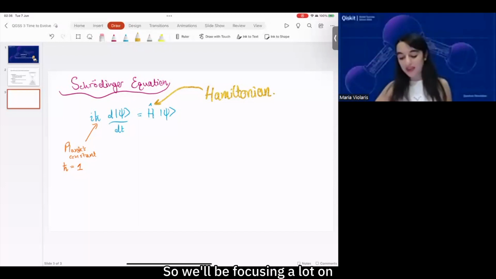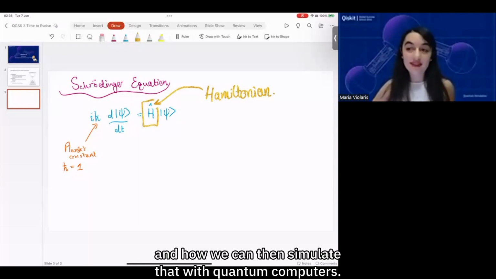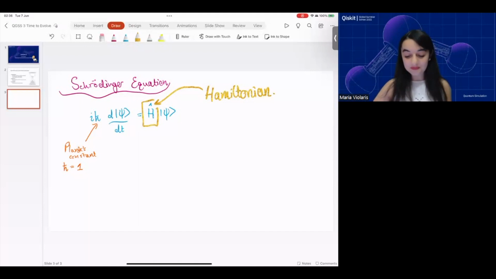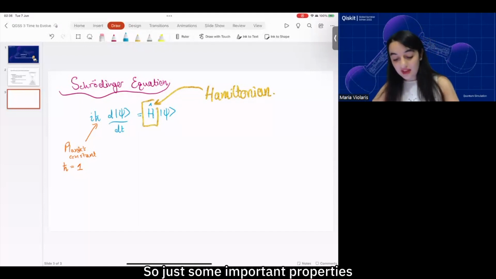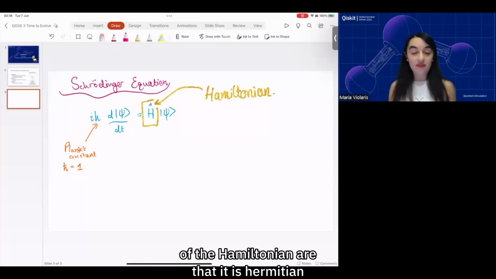So we'll be focusing a lot on how to represent this Hamiltonian and how we can then simulate that with quantum computers. So just some important properties of the Hamiltonian are that it is Hermitian.